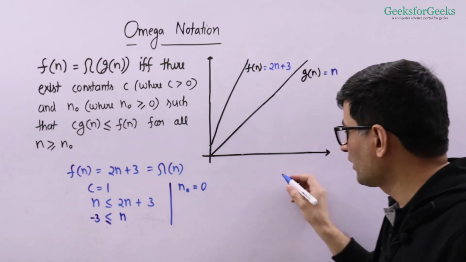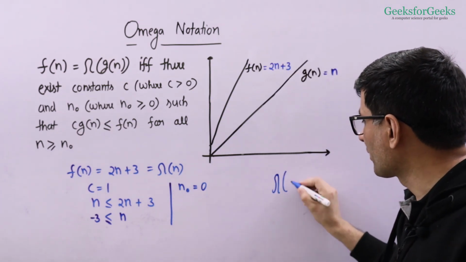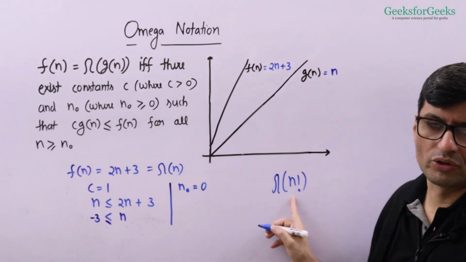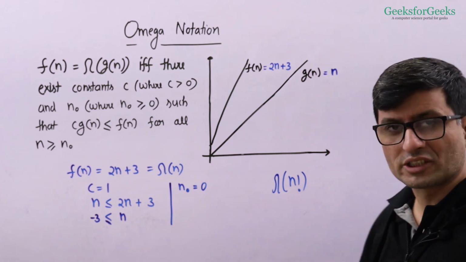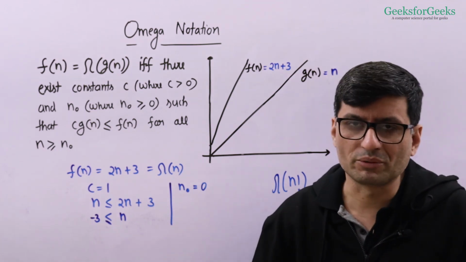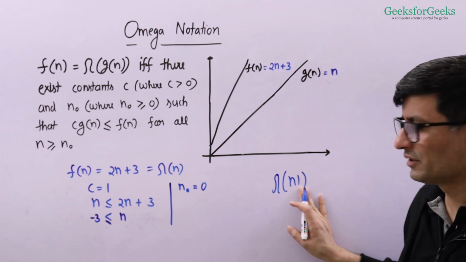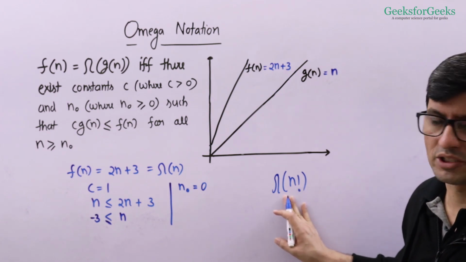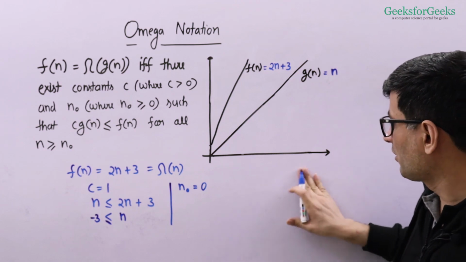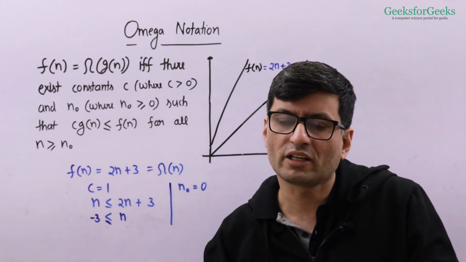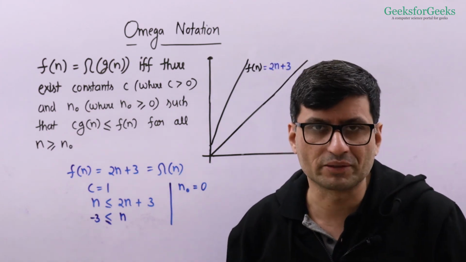So you can say the algorithm for printing permutations is going to take big omega of factorial n time, because it's going to generate and print all these permutations on the screen, and you need at least this much time. So whenever we use big omega notation, we use it to indicate a lower bound on the time taken.